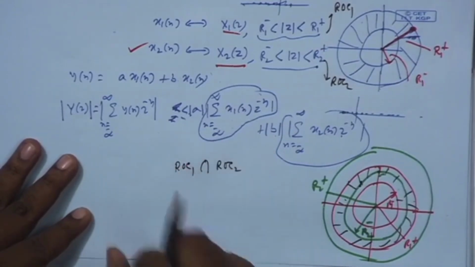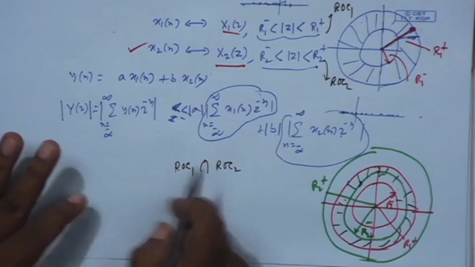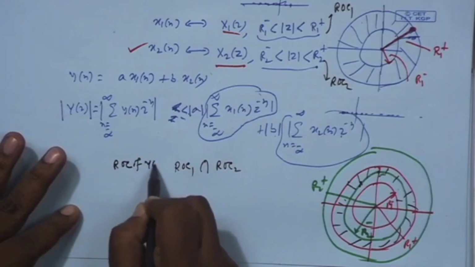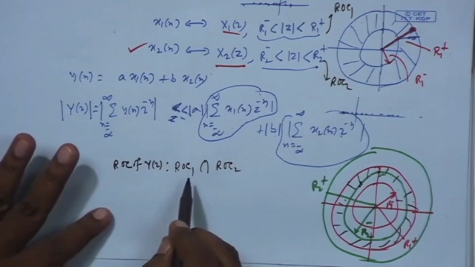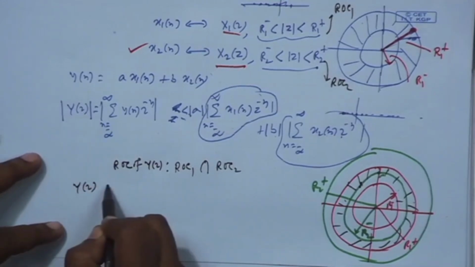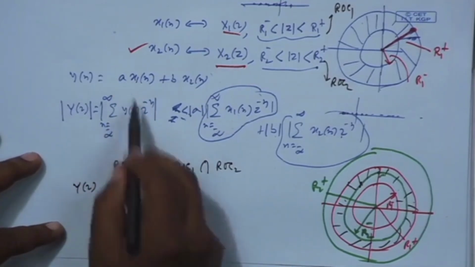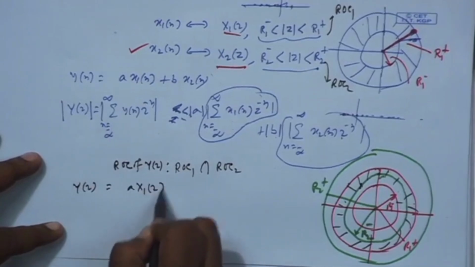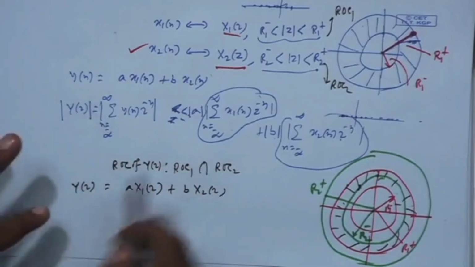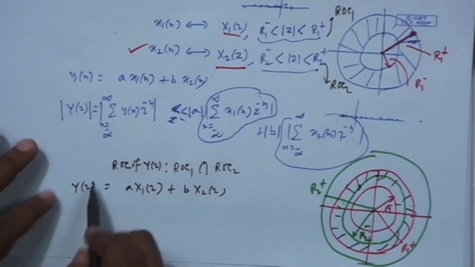If there is an area of intersection, then this will be the ROC of Y(z), if it exists, and in that case Y(z) will be nothing but A times X1(z) and B times X2(z), because if you know that Y(z) will exist, its mod will be finite.